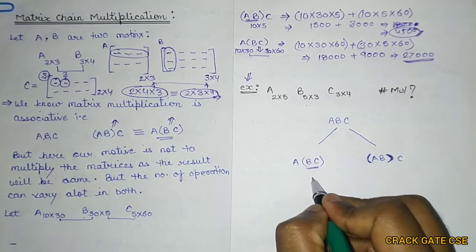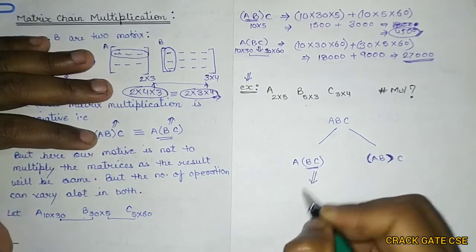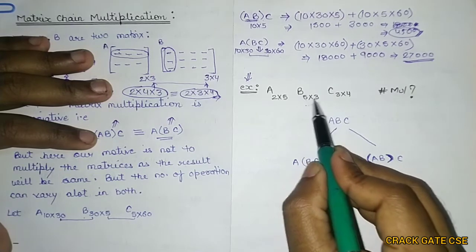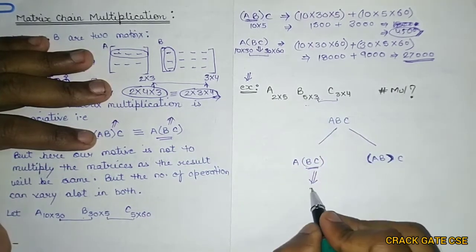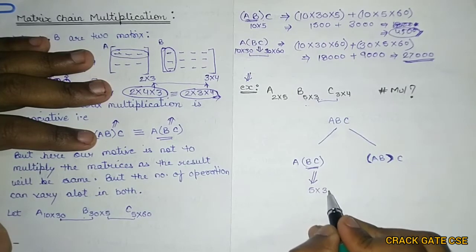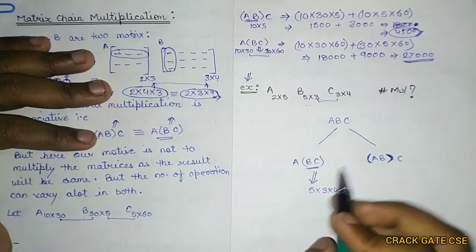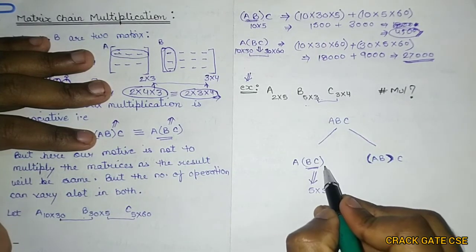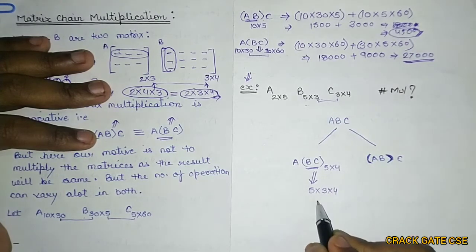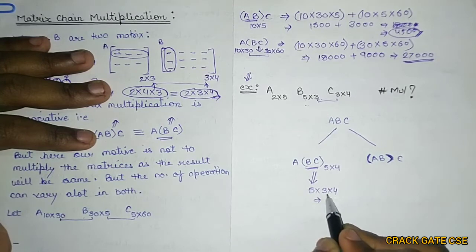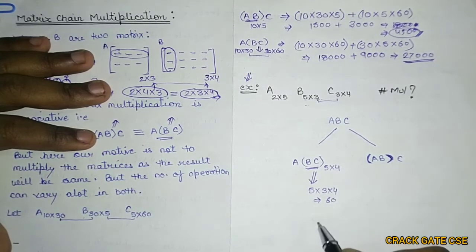So here, BC. First of all, I need to get rid of this BC. So BC will require 5 into 3 into 4, right? So this much multiplication is required for BC. Then BC will be of dimension 5 into 4, right? So what is it? It will be 60.